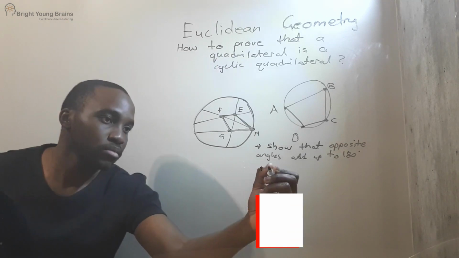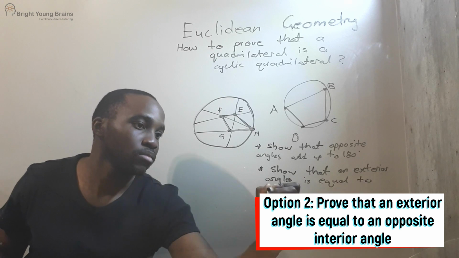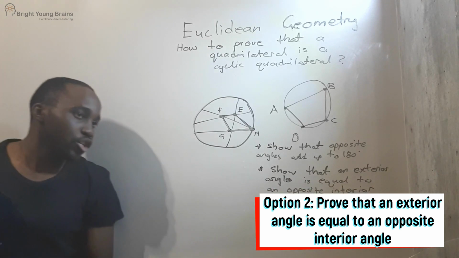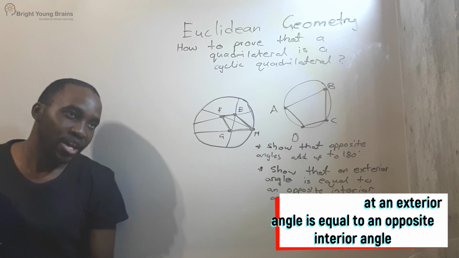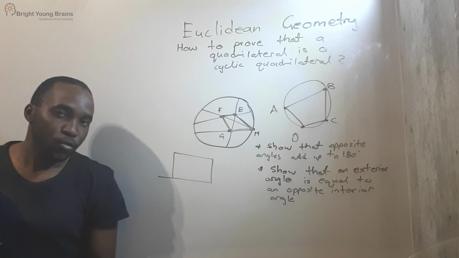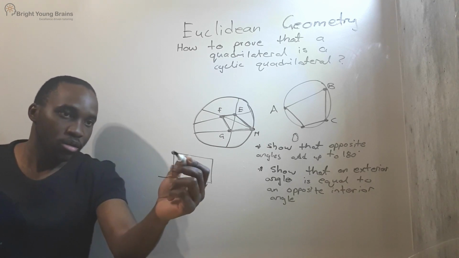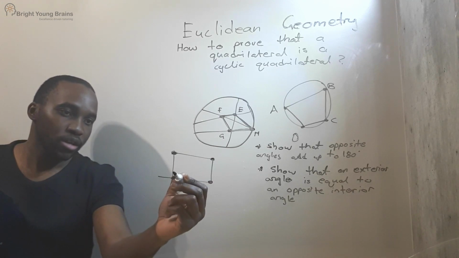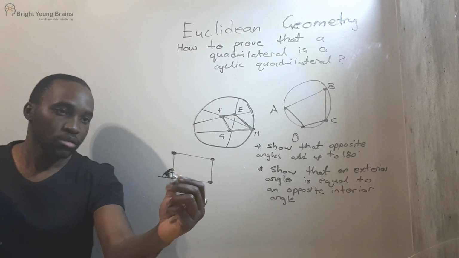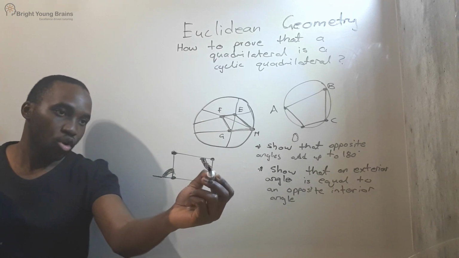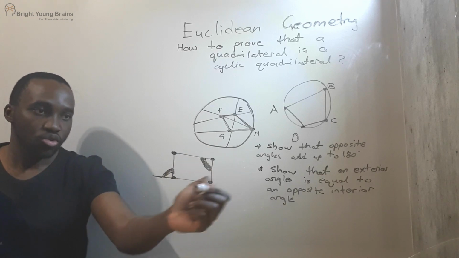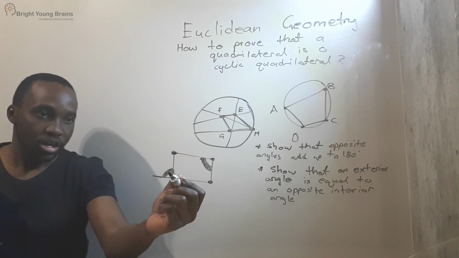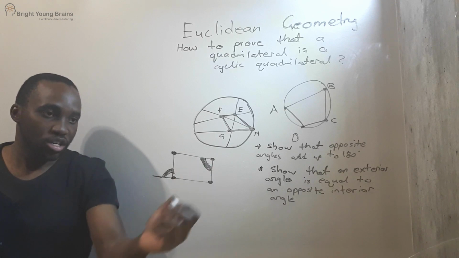Another one is that you need to show that an exterior angle is equal to an opposite interior angle. So what I mean by that is, depending on whatever four-sided shape you're working with, as long as you can prove that an exterior angle is equal to an opposite interior angle, you would have proven that you can draw a circle around this shape. You see, this is an exterior angle, this one is an interior angle.